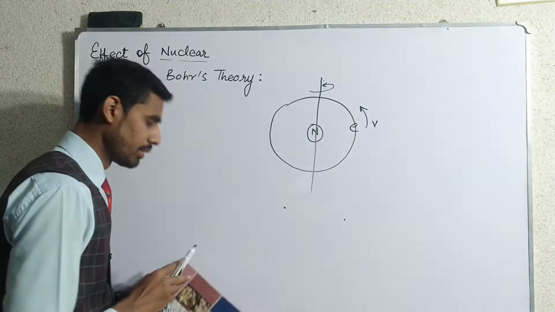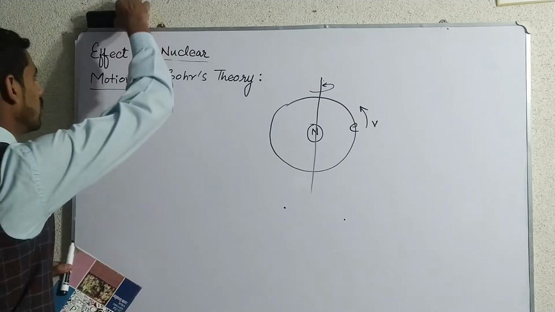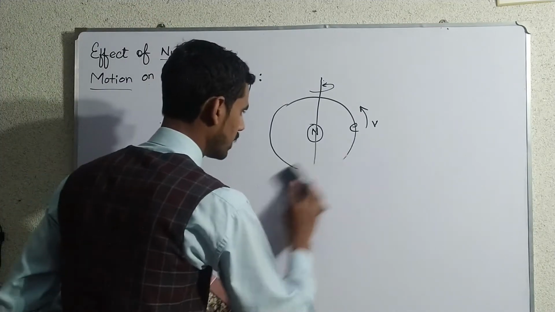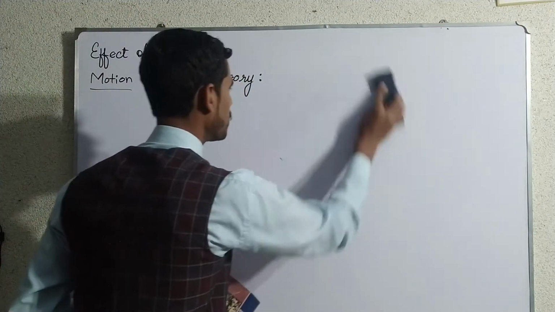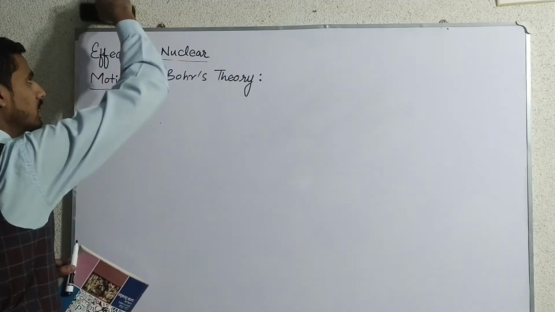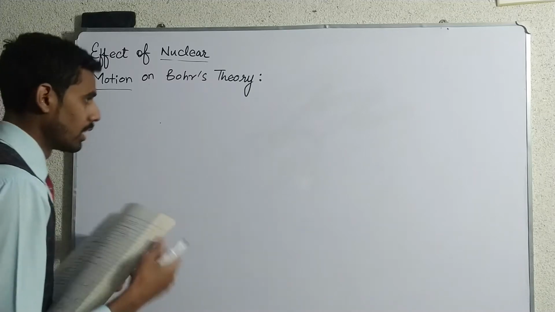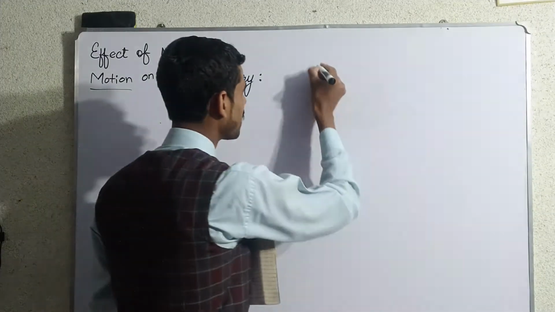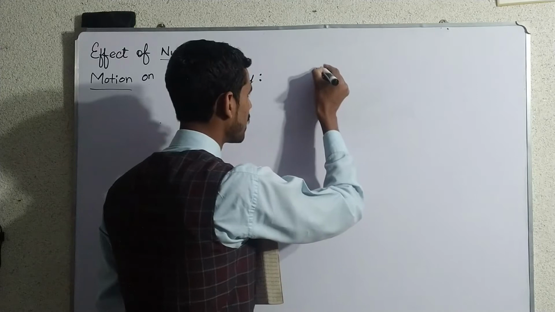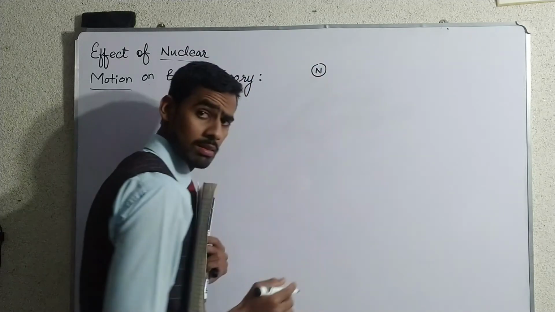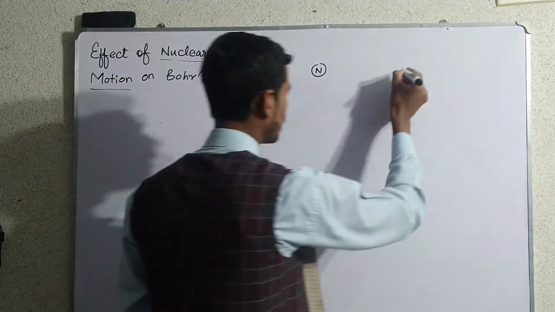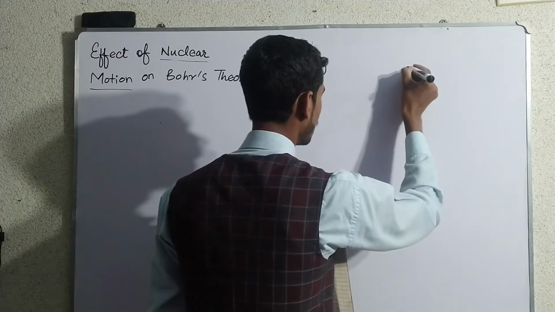So let's proceed with our calculation. For our calculation we have to make a more general diagram. Starting with this, we have a nucleus N like this, and we have an electron E here.